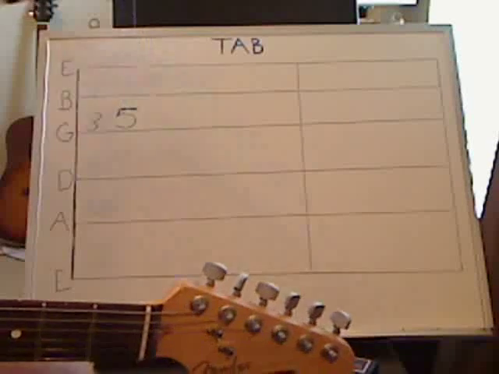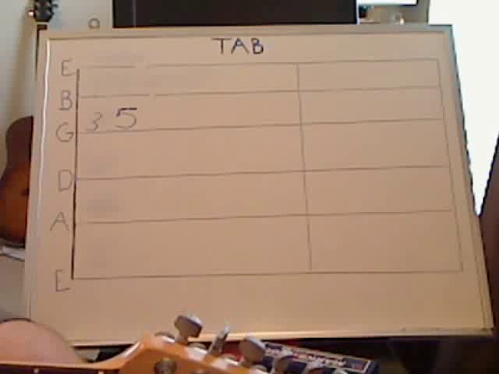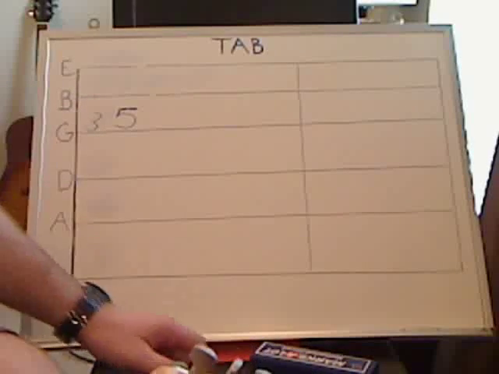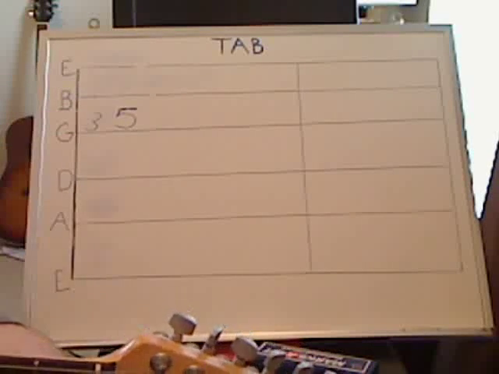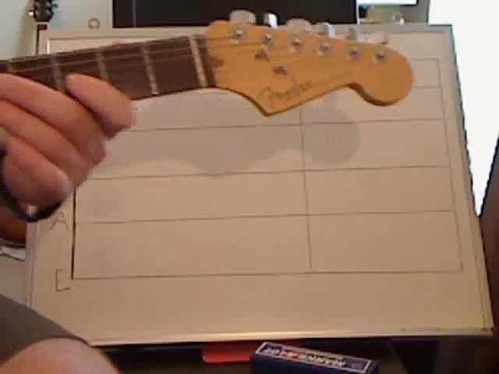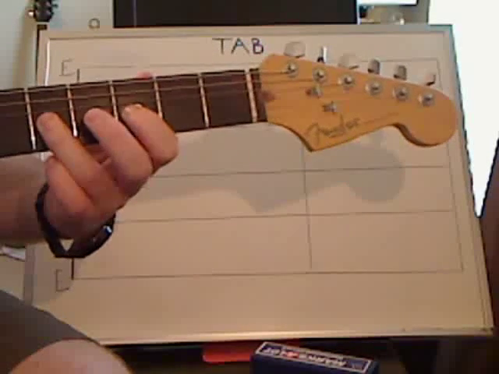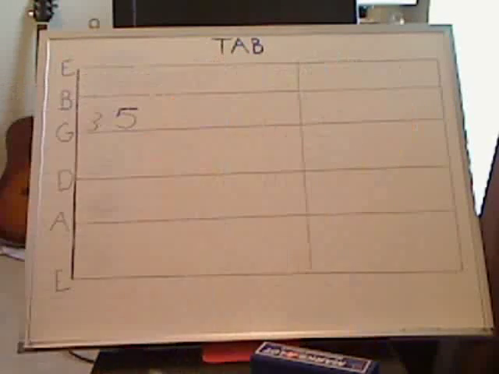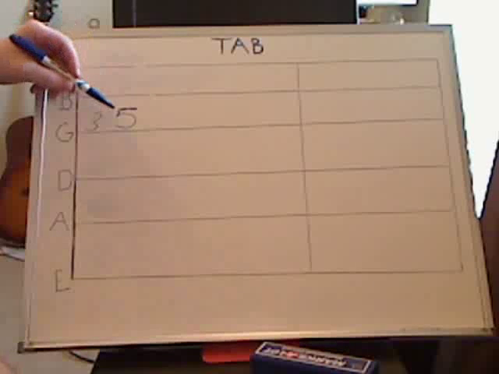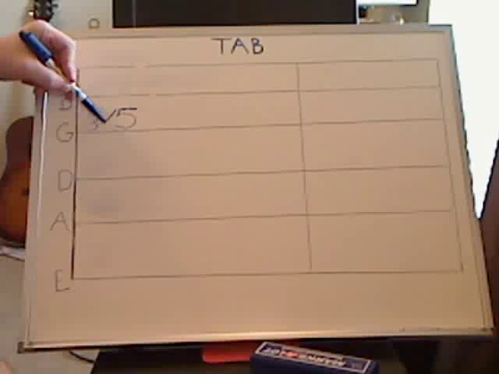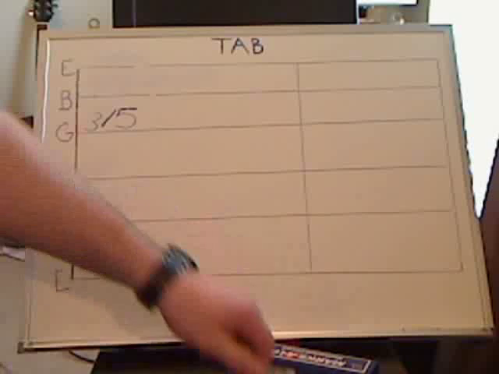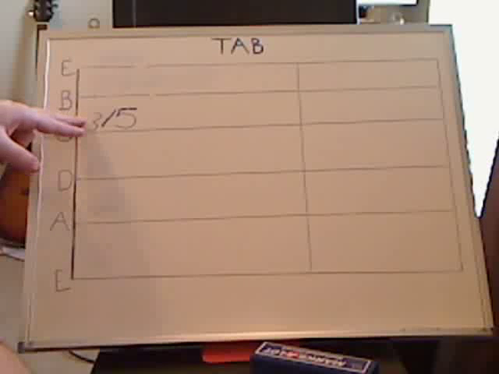There we go. Okay? Well, if I just want to play those notes, then I could just put that. I just pluck both of them, and that's what I do. I would just play 3 to 5. Okay? And I pluck both of those notes. But if I want to slide, I'm going to put that in there. What that means is I pluck that note, and then with the same finger, while the note is still ringing, I slide up to the 5th fret without plucking it again.